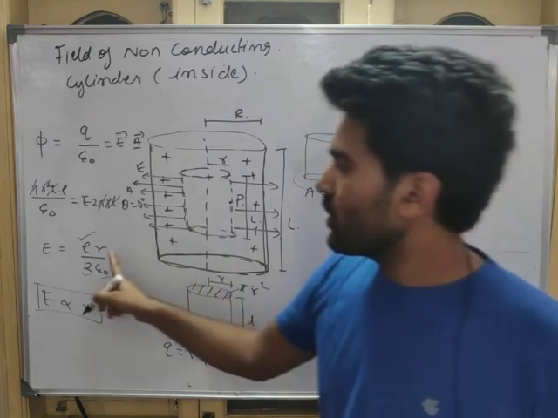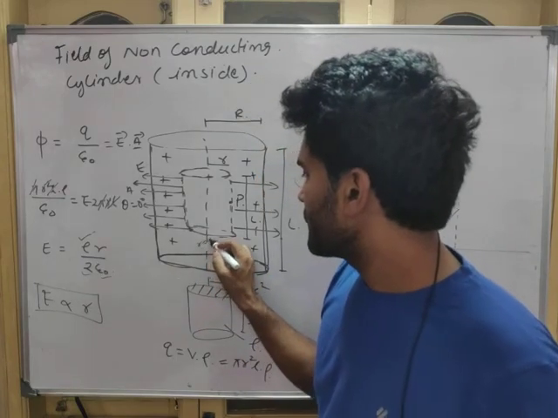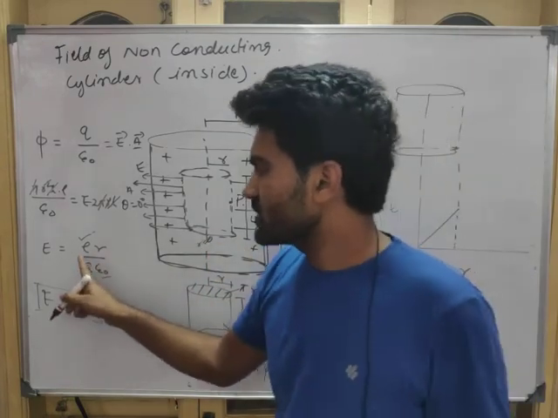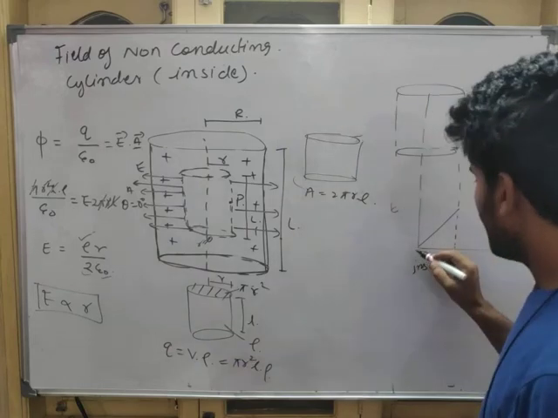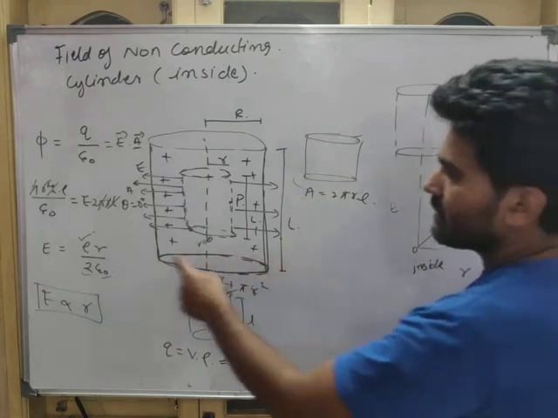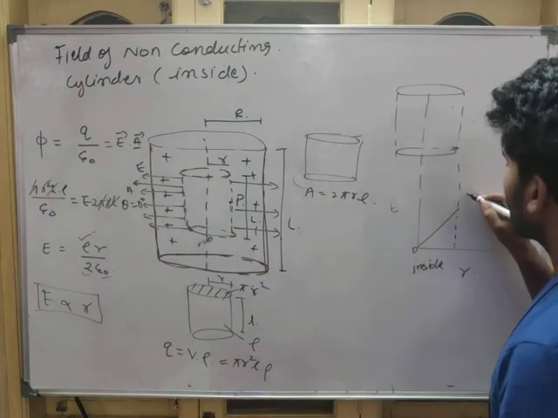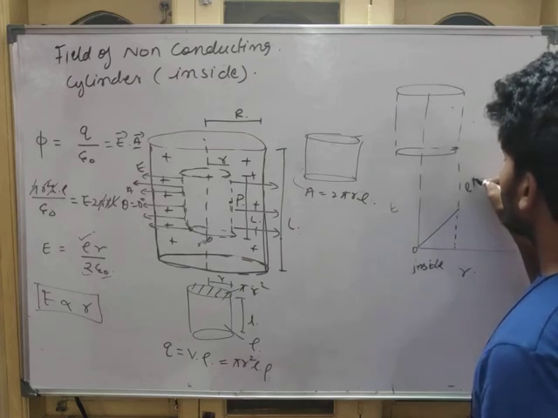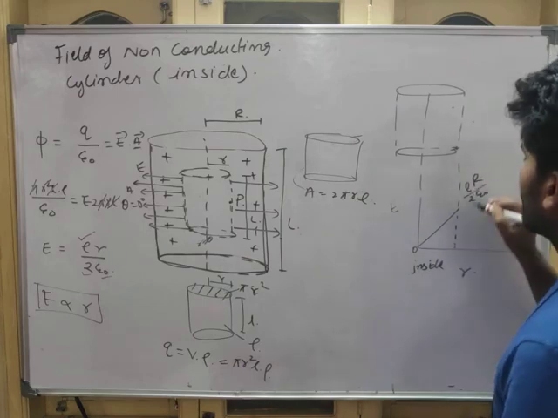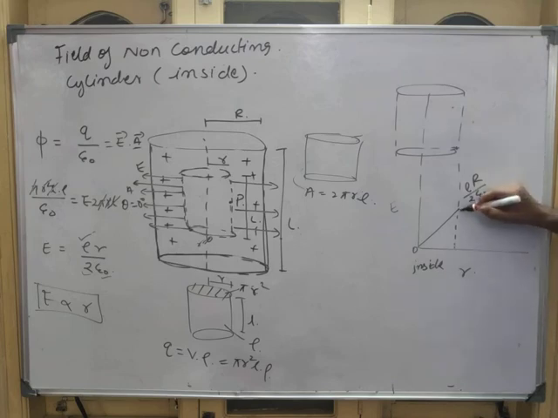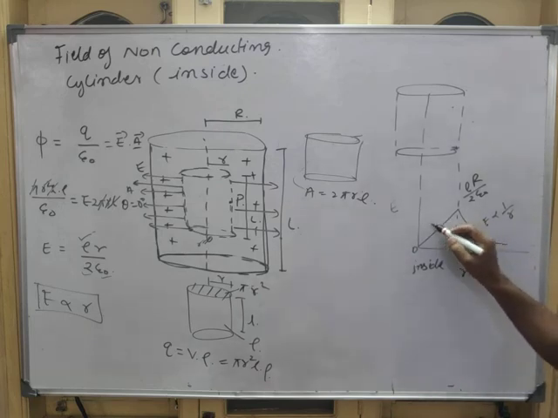If you keep the value r equal to 0 here, you will get 0 field. If you keep r value capital R, you will get the field rho capital R by 2 epsilon naught. But as you move away from this, the field is inversely proportional to r, and here it is proportional to r.